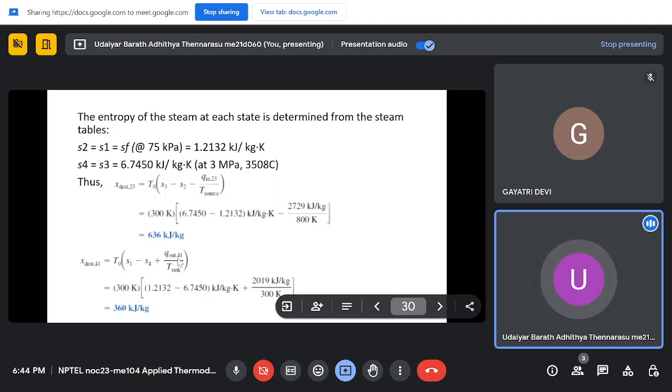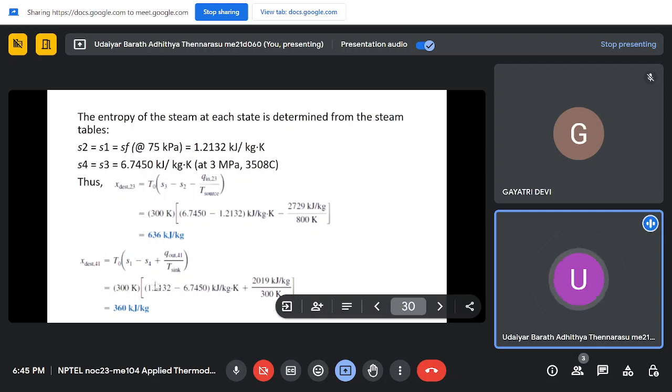The same process applies for finding it for the condenser. In this case the out will be the in. So this is 1.2132 minus 6.7450, and plus 2019 because it's going out, that will be positive, so 2019 by 300.